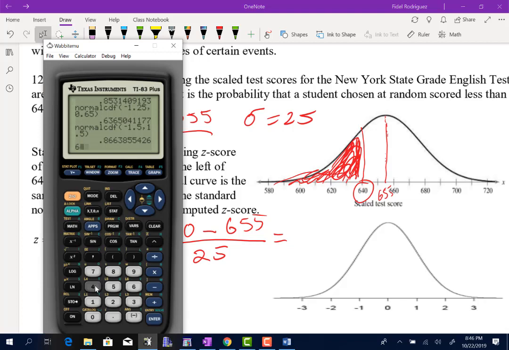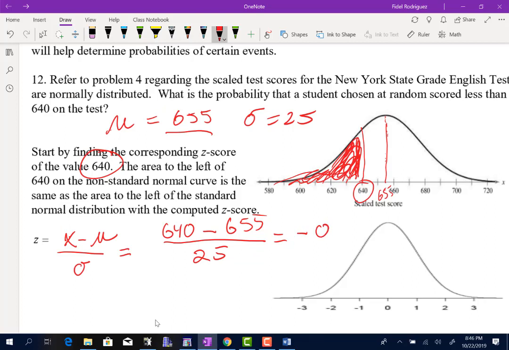So go 640 minus 655. Is that a negative 15? And then we're going to divide that number by 25, okay. So I'm coming up with negative 0.6, right?